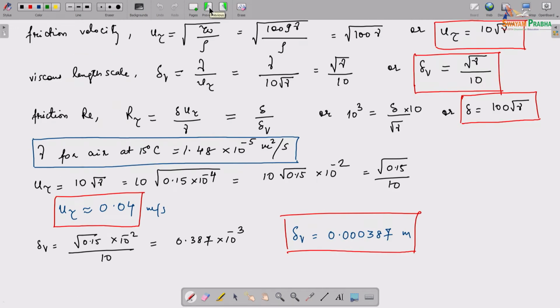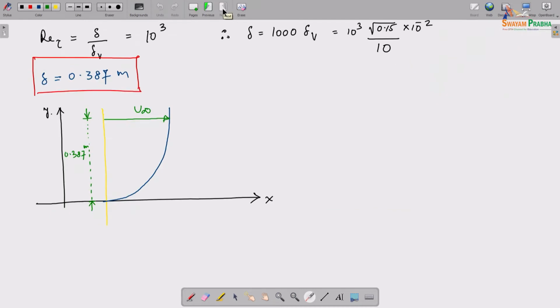This is delta, and delta V is actually this. It's actually 1/1000th of delta. You can see that here itself. So delta V is actually delta by 1000. Okay, so then we have a layer here.